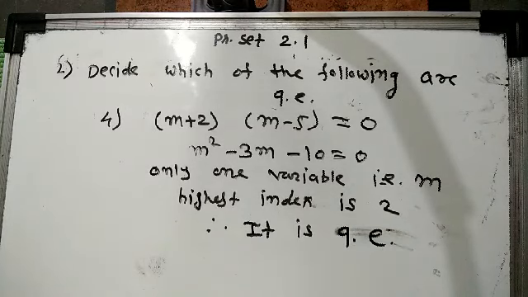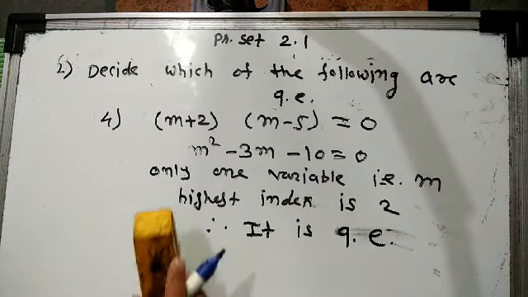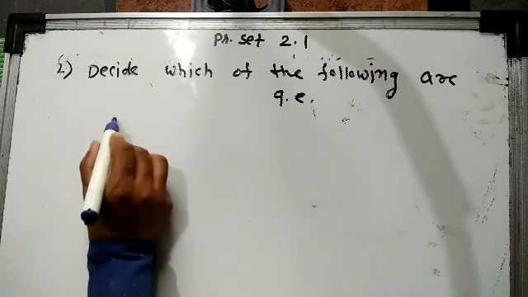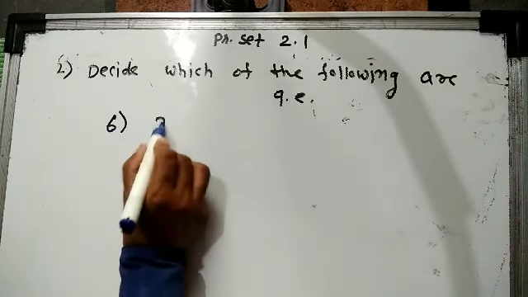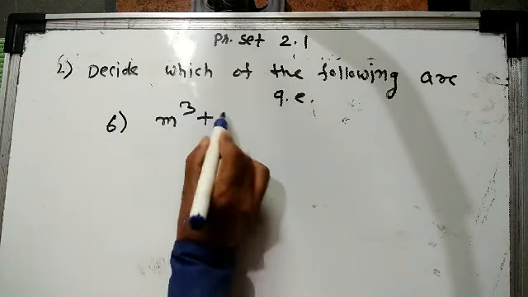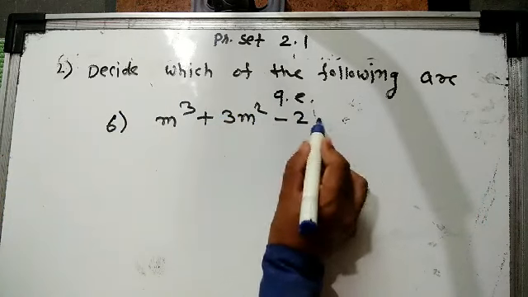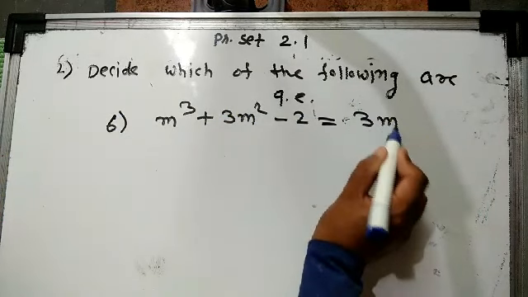This is the fifth problem. Then last problem from the second question, m cube plus 3m square minus 2 is equal to 3m cube.